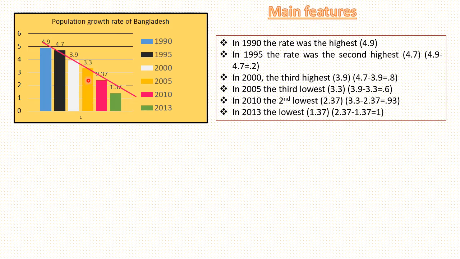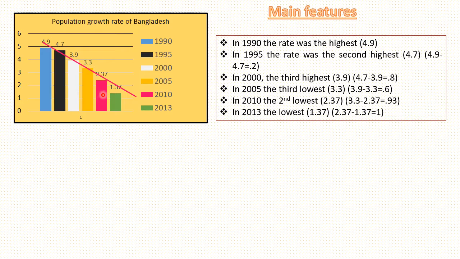This yellow bar shows the population growth rate in 2005. In 2005, the growth rate of population was 3.3%, and this is 0.6% less than the rate in 2000.